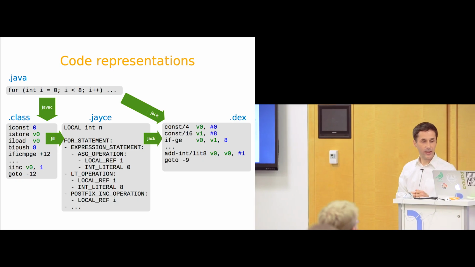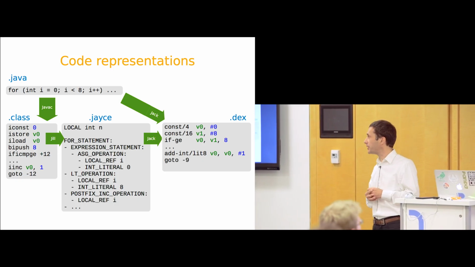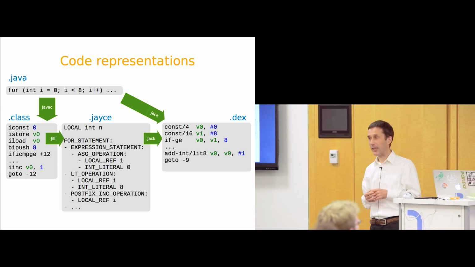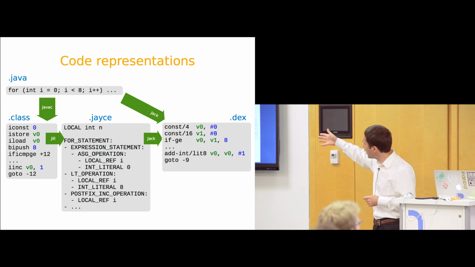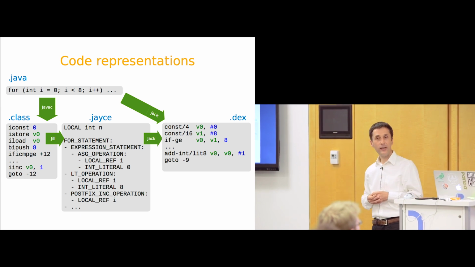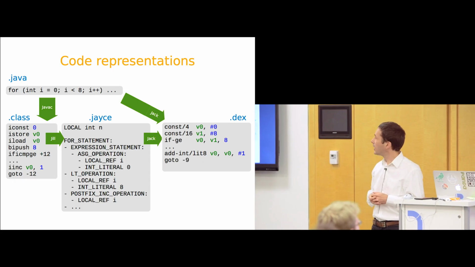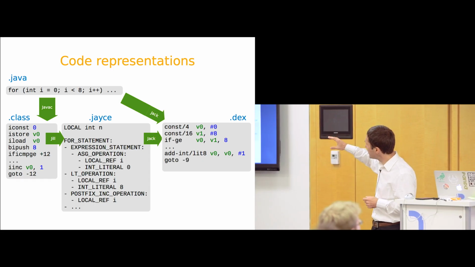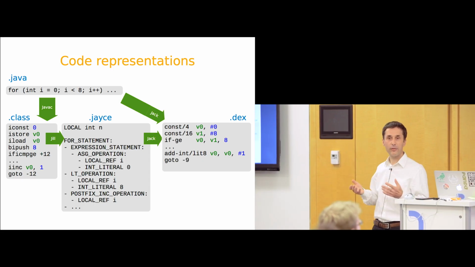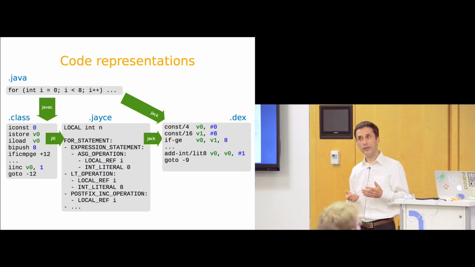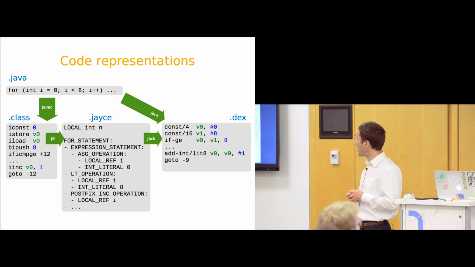So that is probably why the Android team introduced this new intermediary format, the JACK format. And I've shown that format here for the same piece of code. And you can see that it's more like a slightly higher level format. It's a binary representation of the abstract syntax tree of your application.